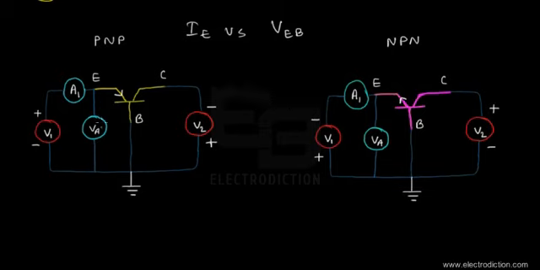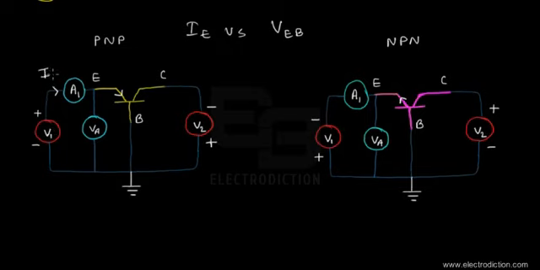And also we've connected a voltmeter VA across the emitter and the base terminals in order to measure the amount of emitter base bias voltage. So in the case of the PNP type of BJT, it's quite natural that the emitter current would just flow from the input source voltage V1 into the emitter terminal.